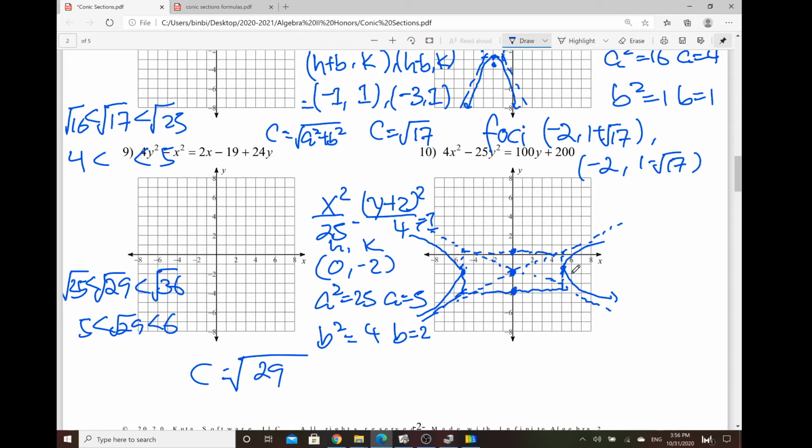So somewhere over here, and the other one is somewhere over here. And then for the foci, this one will be h plus c. So root 29, comma negative 2. And then the other one is negative root 29, comma negative 2.